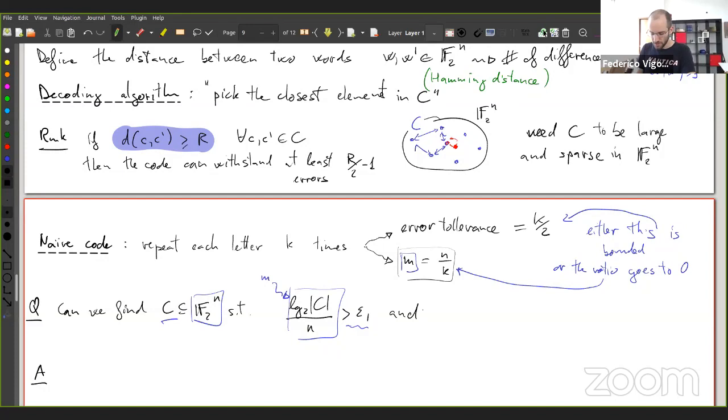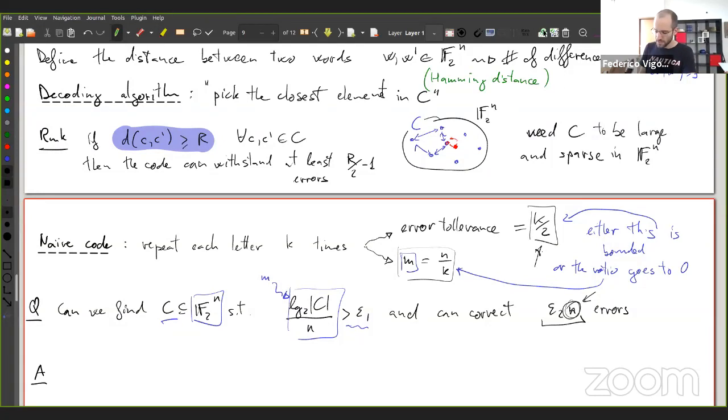Okay, so we're asking, is there a code that is large in this linear sense, and that can correct at least epsilon n errors? That is, we're asking for it to be able to correct a number of errors that is linear with the size of the message, which should be compared with this one.